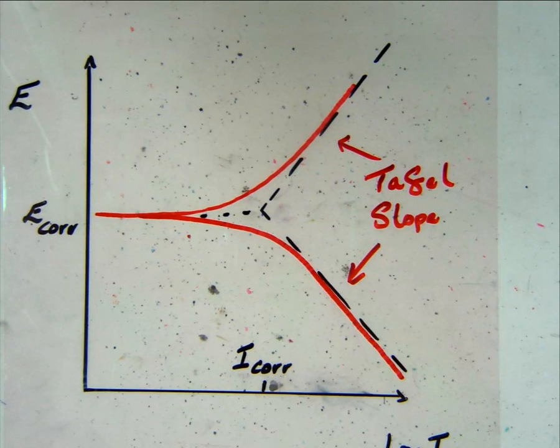So this may be the linear slope for oxygen reduction or hydrogen reduction as a cathode process, and this could be the linear slope, and it will be a different slope for oxidation of iron to iron 2+ or aluminium to aluminium 3+ or whatever.